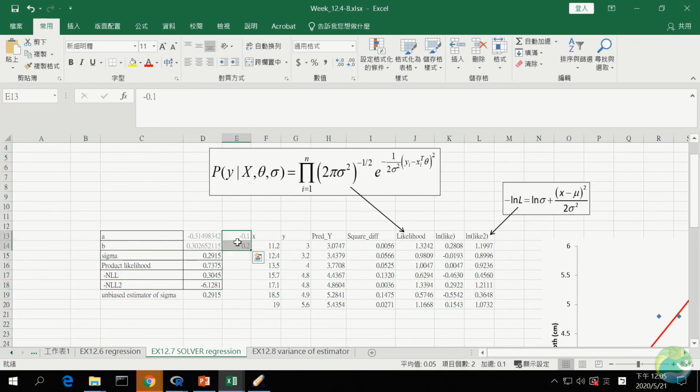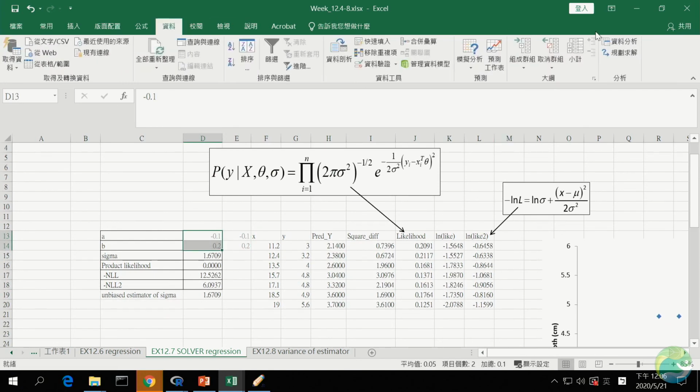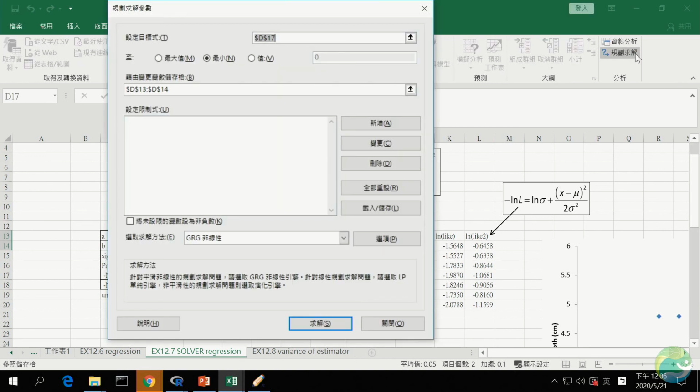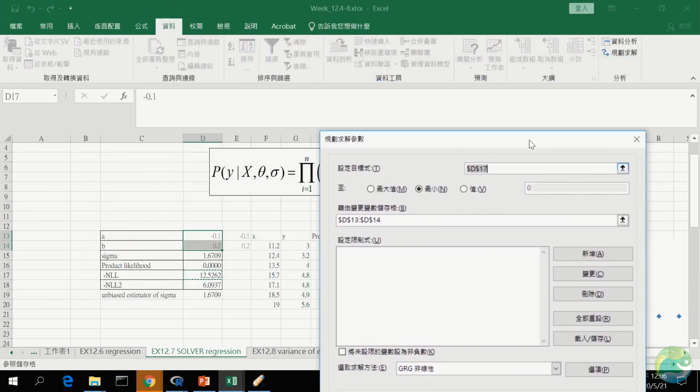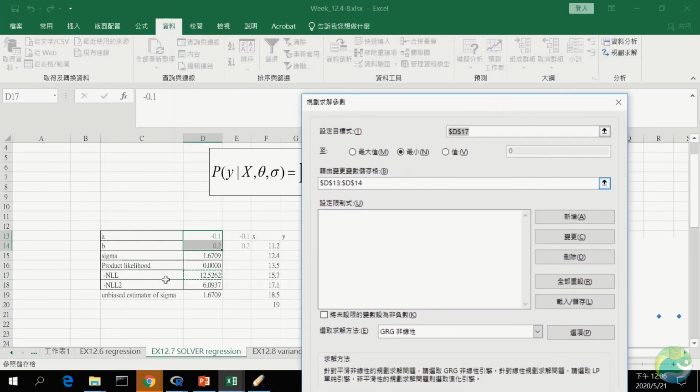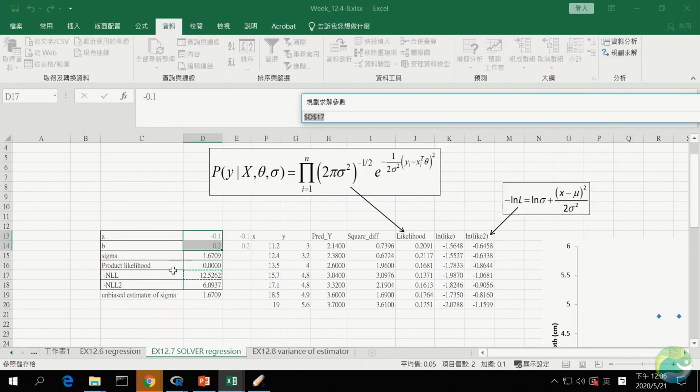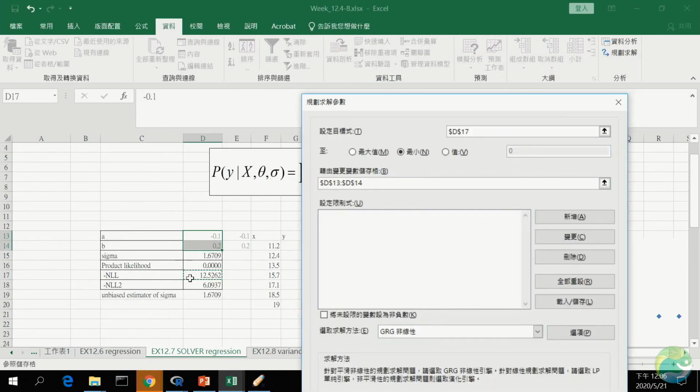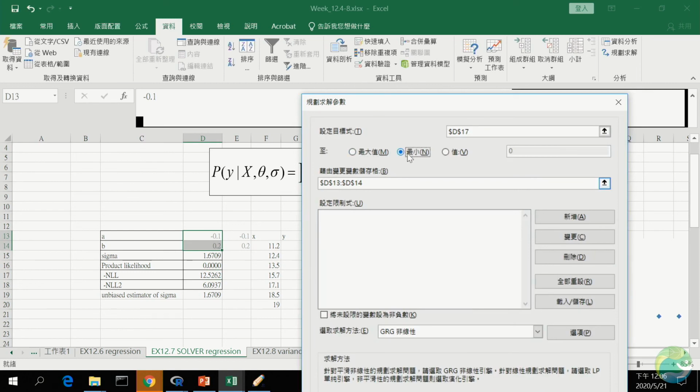We can put some initial value in here. We can use the solver to do the optimization. So we want to minimize our negative log likelihood, right? So choose minimize, not maximize.